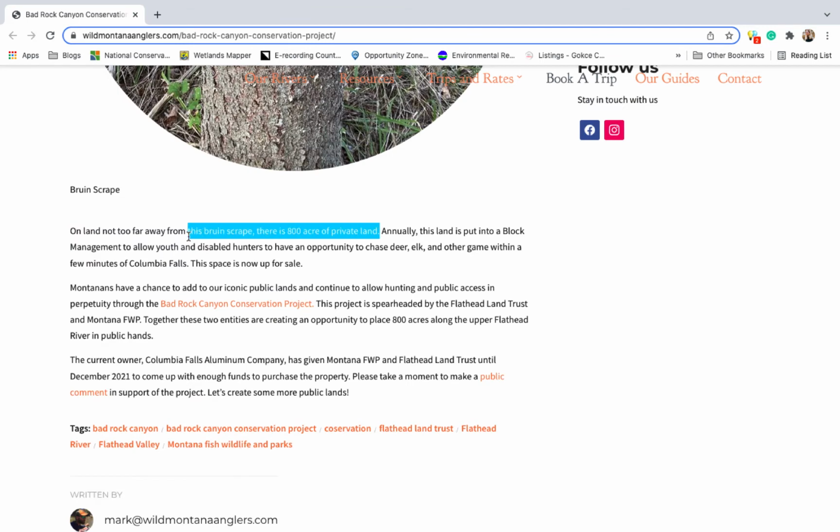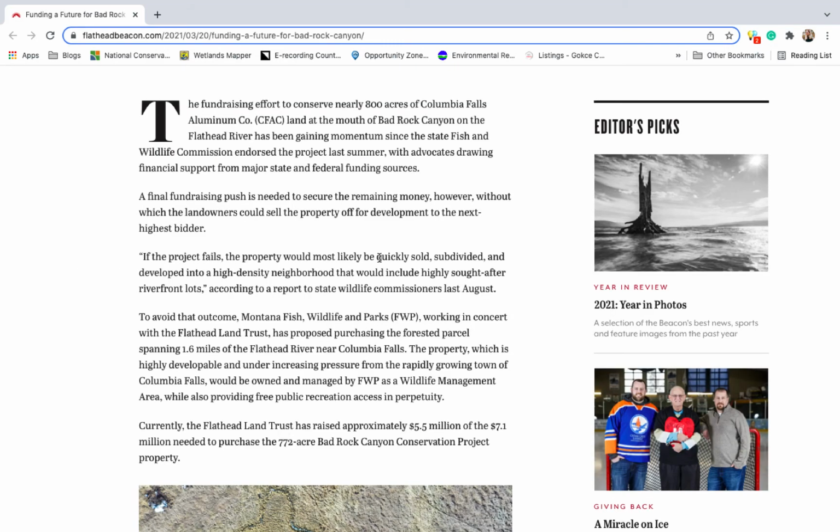The bear markings stood at the entryway to nearly 800 acres of pristine land, a favorite spot for local hunters. But this land was not public. It was owned by the Columbia Falls Aluminum Company, and it was up for sale. It seemed destined to become another high-end development for wealthy out-of-state vacationers until a small coalition of conservationists put together a plan.